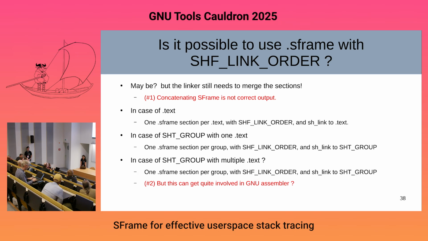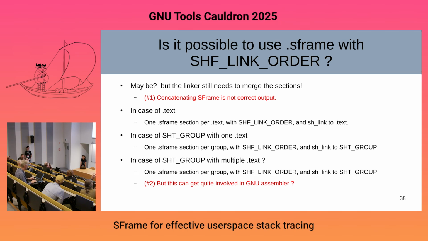I don't think it has anything to do with discarded sections or not, because that is solved by groups. But the concatenating is the showstopper basically. So for linkers that can't properly merge SFrame sections, well, they can't emit SFrame sections. That's the gist of it.